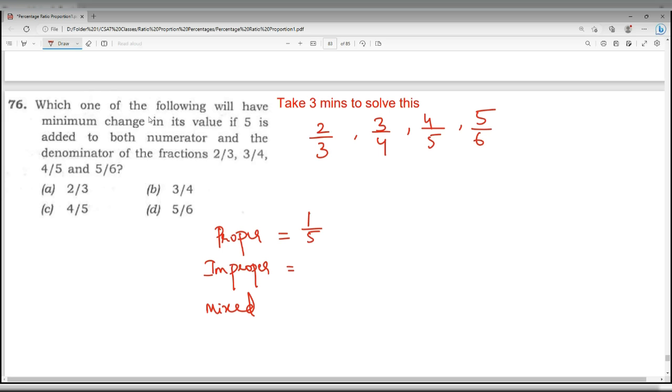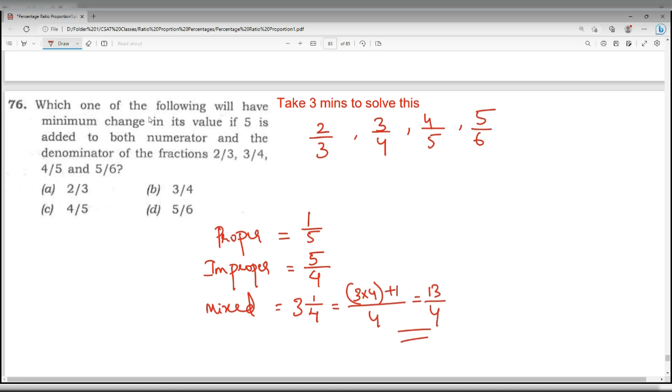Improper fraction is where the numerator is greater than the denominator. Denominator is a smaller number, numerator is a greater number. And mixed fraction is something like 3, 1 by 4. To convert this into an improper fraction, you multiply 3 into 4, plus 1, divided by 4. This is 13 by 4. So this is how you do it.